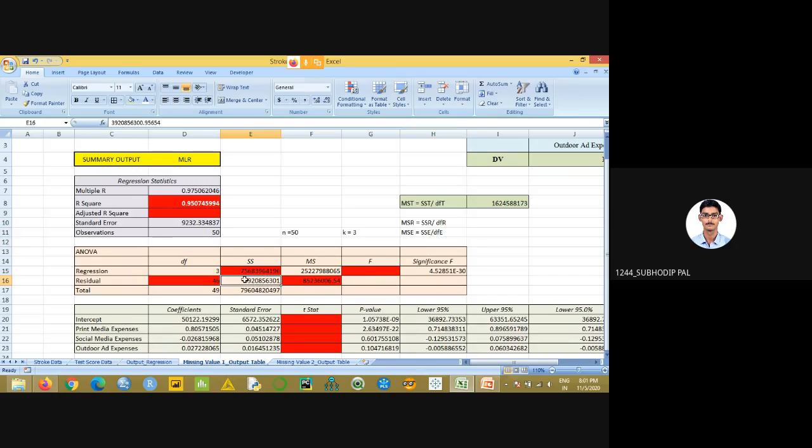If you know this one and this one, just this one divided by this one will give you this. A trick you can remember: if you want to calculate this one, your numerator will be this one and denominator will be this one. If you want to calculate that one, your numerator will be that one and denominator will be the other one. Like that you have to remember.